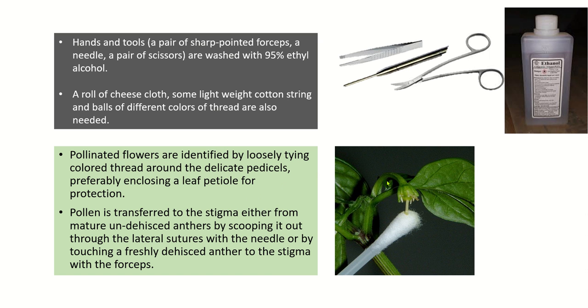Okay, once you have done the emasculation process, in the next morning, say for example from 8 o'clock to 9 to 10 o'clock, you can pollinate it, because in those hours, 8 to 10 a.m. in the morning, the flower anthesis will start in the male lines. Okay, from the male lines you are going to collect the pollen grains, which are yellowish. Make sure that the pollen grains are yellowish.